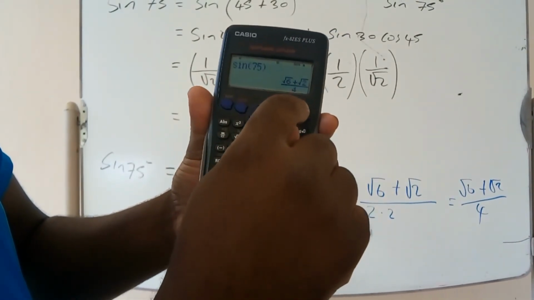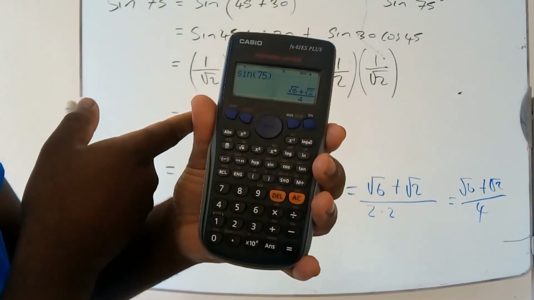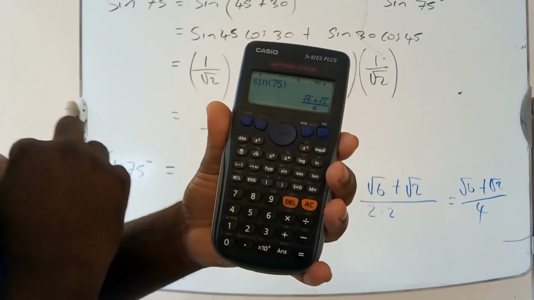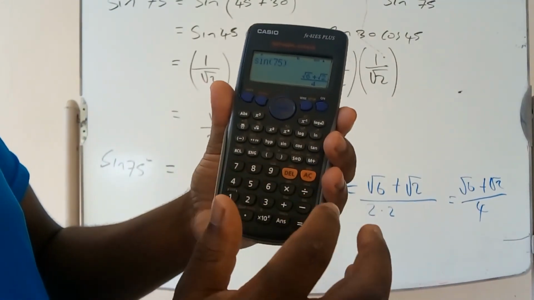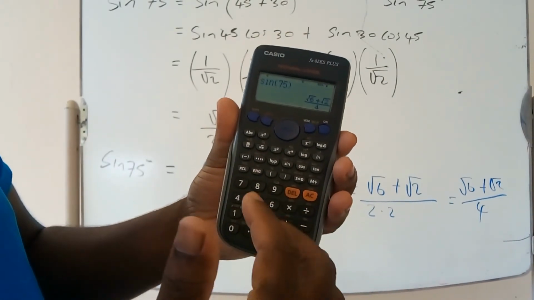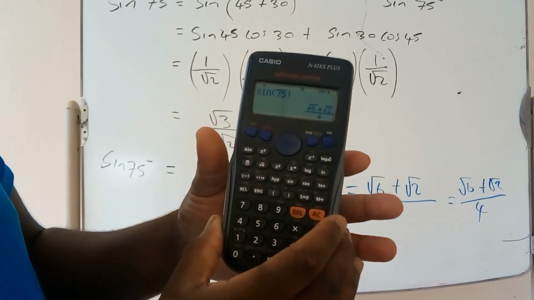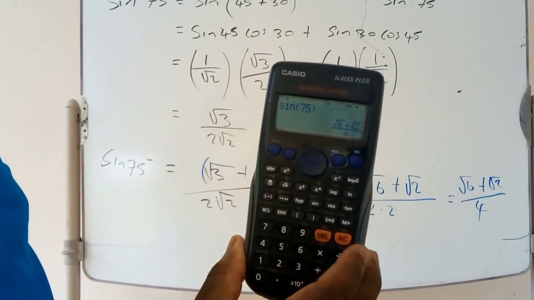Your answer will be root 6 plus root 2 over 4. I have it on the board there. But what it has done is rationalize the denominator. So yes, for some calculators, it can help you to get the answer. But remember, they want you to show how you would get the answer without the use of a calculator here. So this is the skill that you need. Alright.